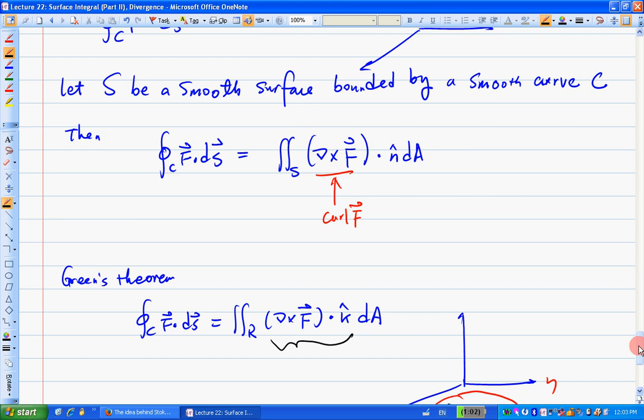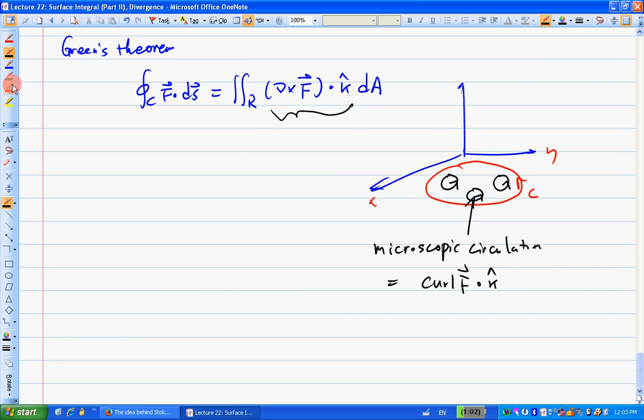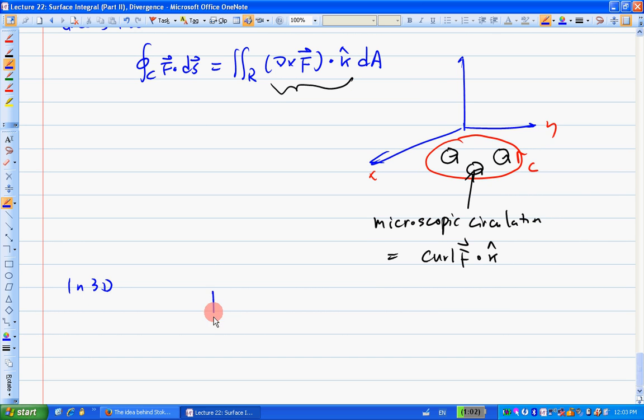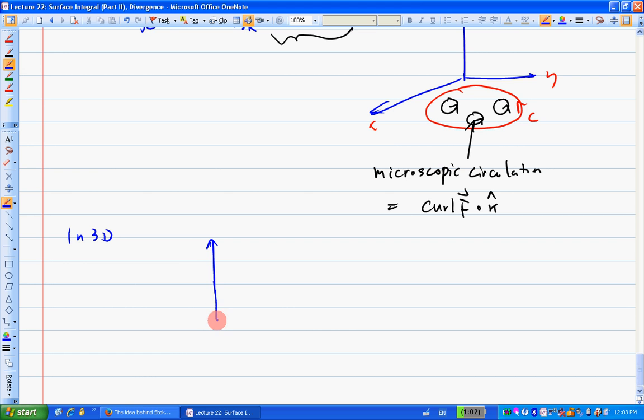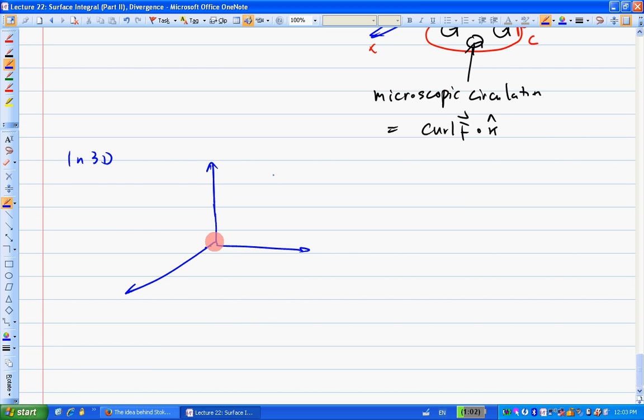3D case meaning we have, in 3D, a surface. So let's say I'm going to draw a curve here. Maybe the curve is this, and maybe the surface is this.